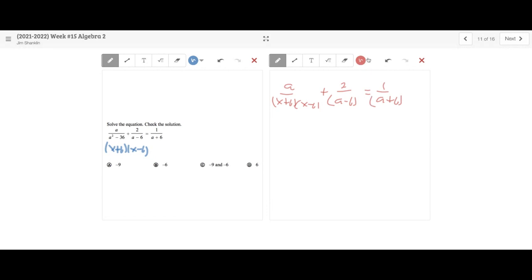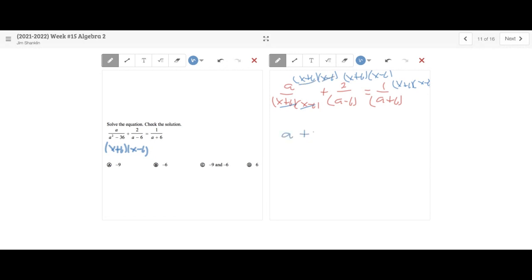Okay, so I'm going to multiply every single thing by a plus 6, a minus 6. Oops, I'm doing x's and they're supposed to be a's, but that's okay. We got the idea. So, lo and behold, they all cross off.